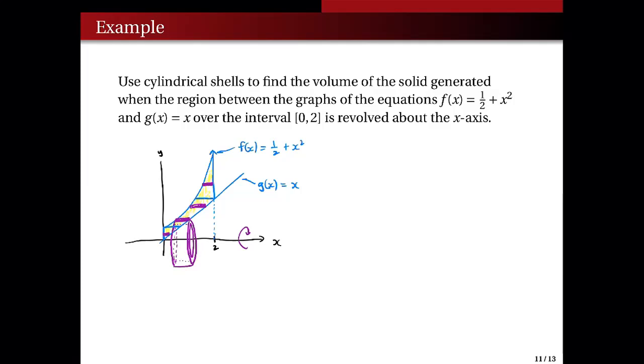So three parts. On this part, the right function, it's this line. The left function, it's this vertical line. On this part, the right function, it's this line. The left function, it's your parabola. And then lastly, on this part, the right function, it's this vertical line. And then the left function, it's this parabola. So we will have to divide this into three parts.